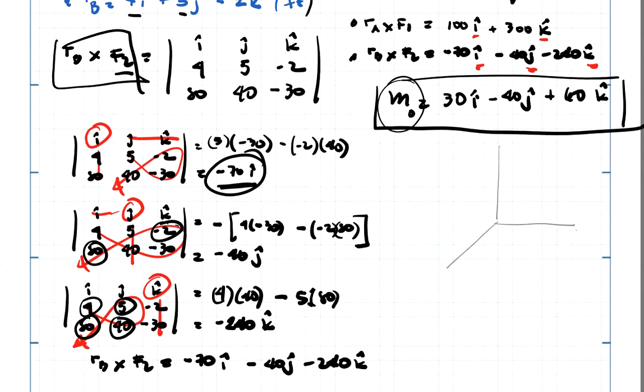Let us still adopt the X, Y, and Z orientation based from our given problem, and let us now plot this moment at point O. Since this is a positive 30, we go 30, and since negative J, we need to go about negative 40 to the left, and then positive K, so we need to move 60 to the right.